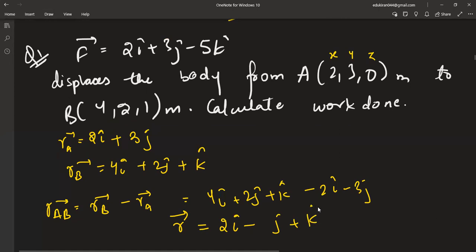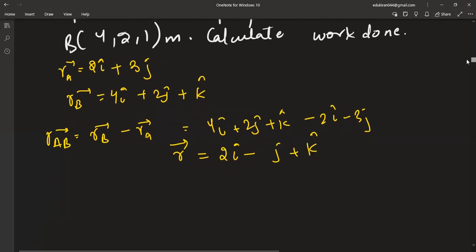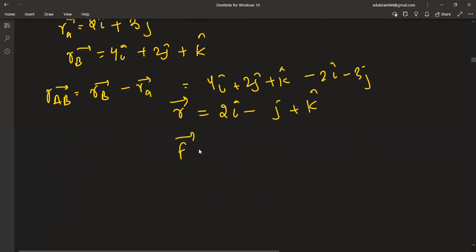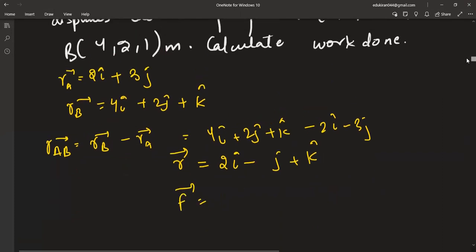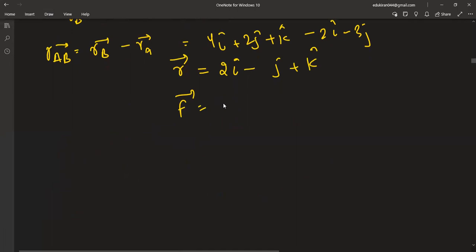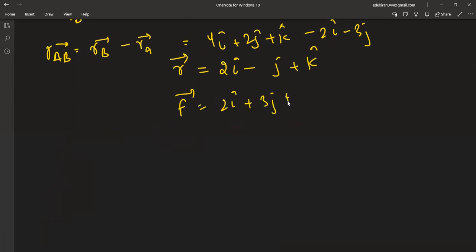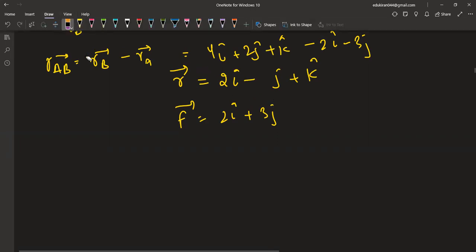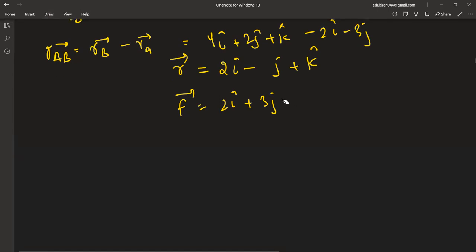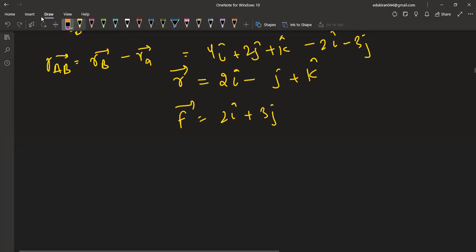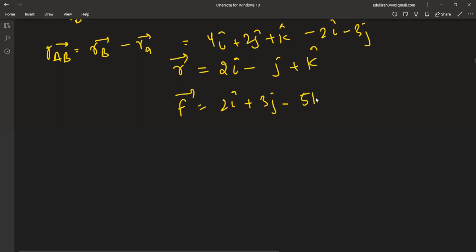Plus k cap is only left because it is 0 k cap over here. So you have the R vector with you. And what is the value of force given? Force is already given in the question. That is 2i cap plus 3j cap, no, minus 5k cap. This is minus 5k cap.